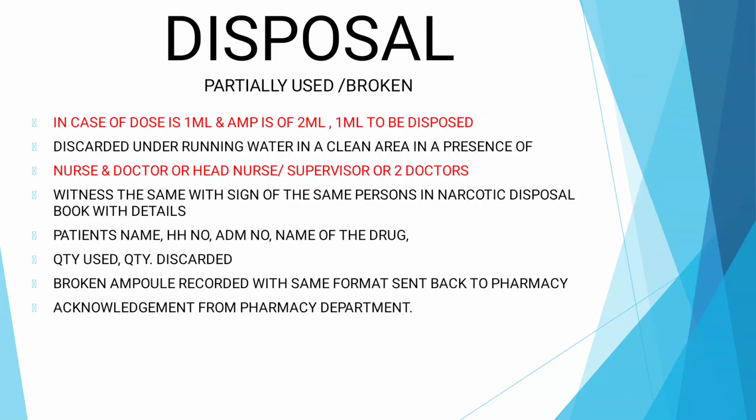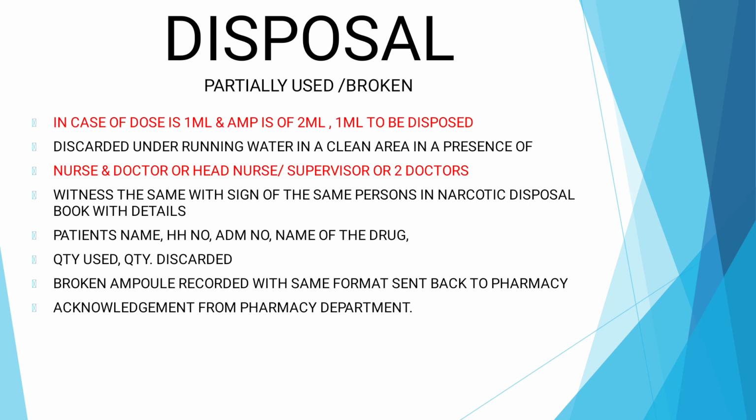Let's look at disposal of partially used or broken narcotics. In case the dose is 1 ml and the ampule is 2 ml, then 1 ml is to be disposed, right? Discarded under running water in a clean area in the presence of a nurse and doctor, or head nurse or supervisor, or two doctors.